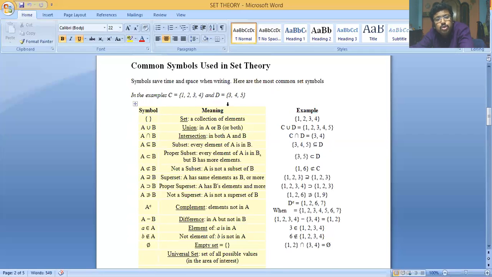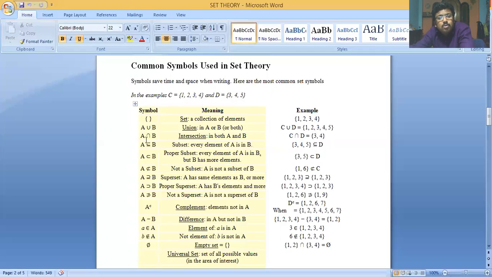If you like to make a union, then it is 1, 2, 3, 4, 5. The 3 and 4 are doubled here, so the union of C and D is this.